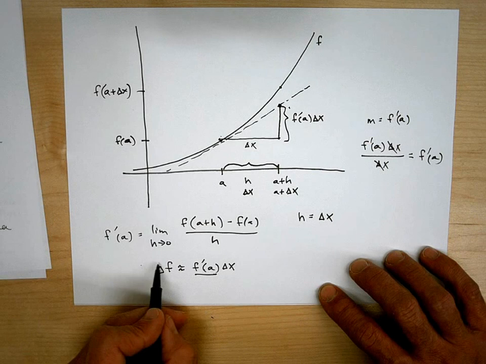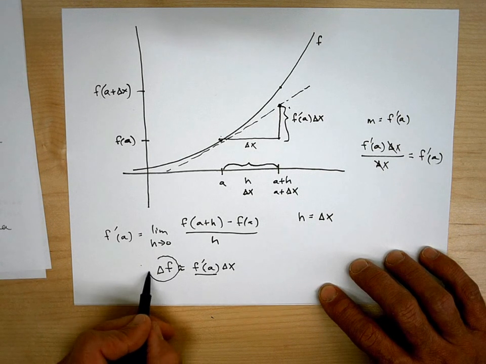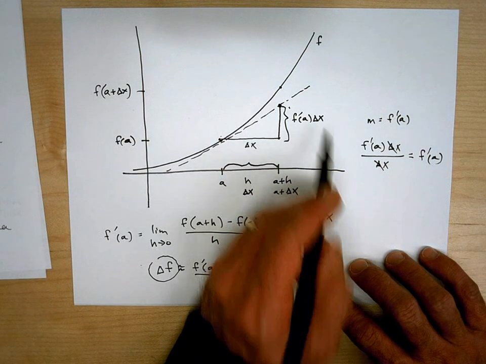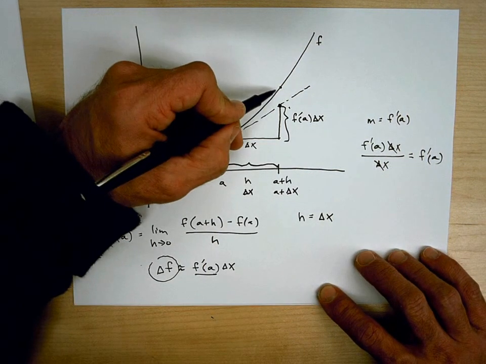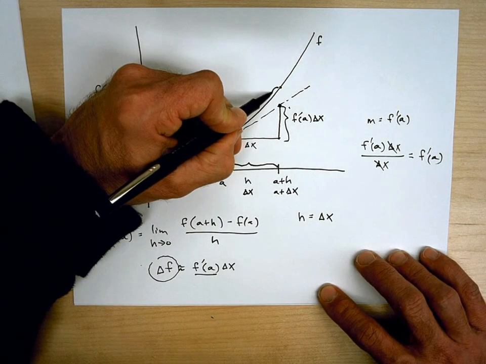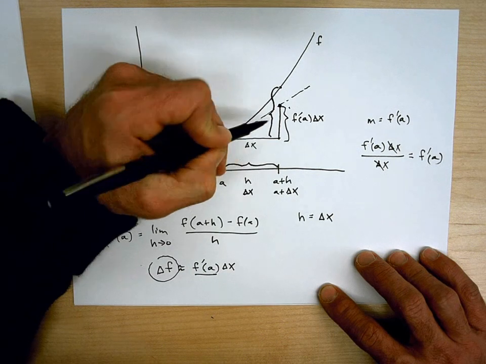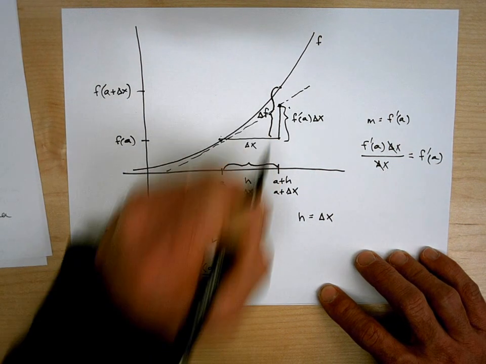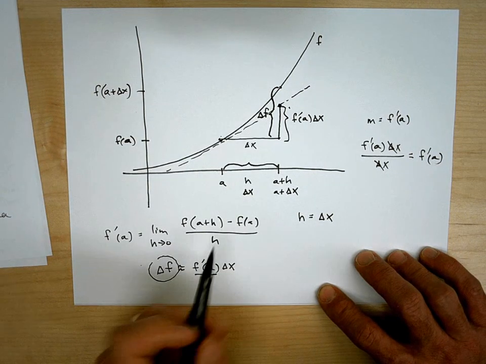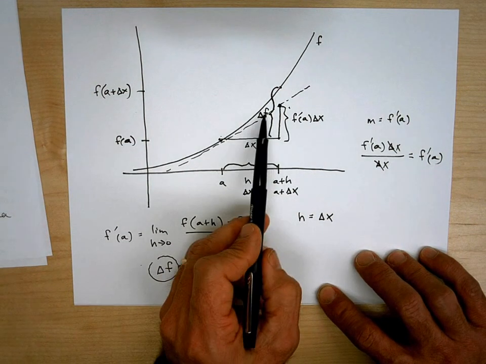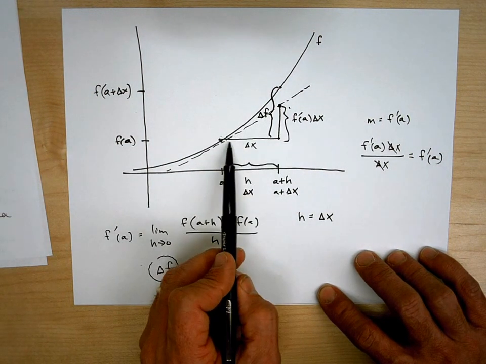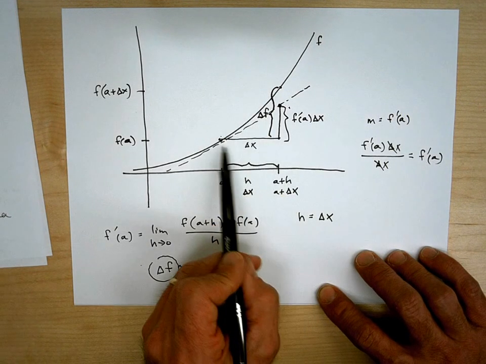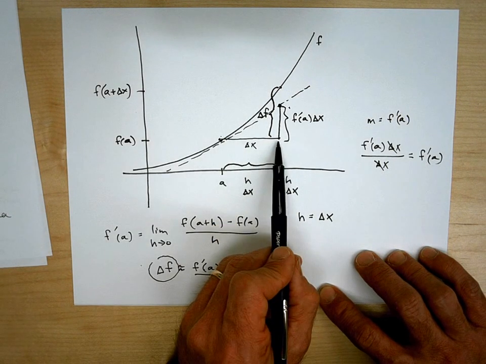This is what I haven't put on the graph yet. This vertical distance right here is f prime of A delta x. This distance, if we go all the way up to the function, that is our delta f. Again, it's the change in f due to a small change in x.